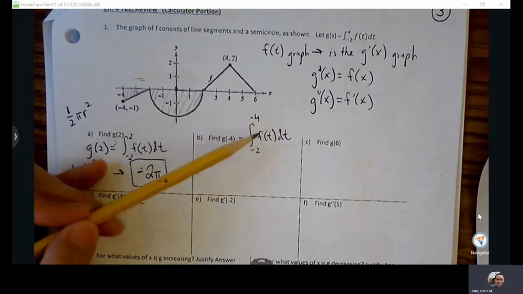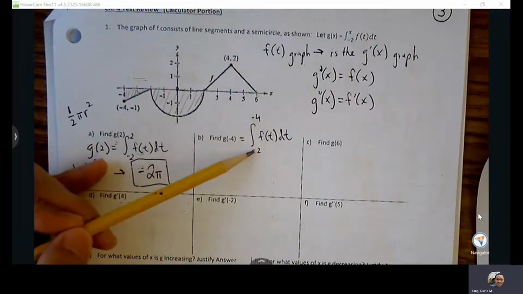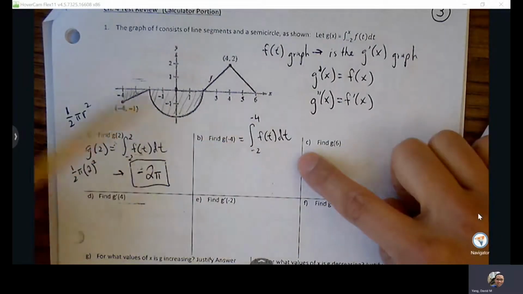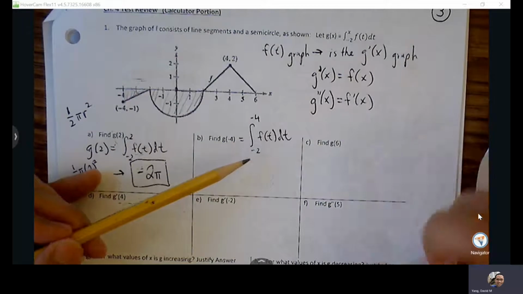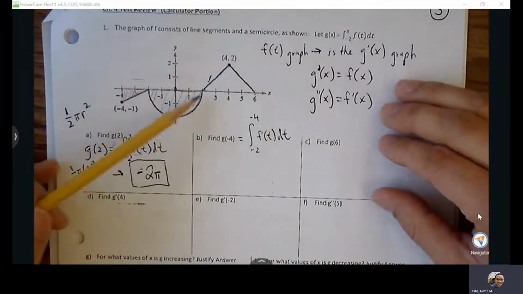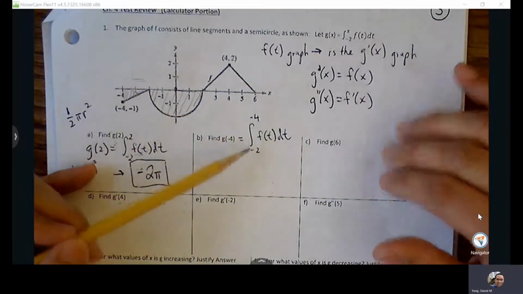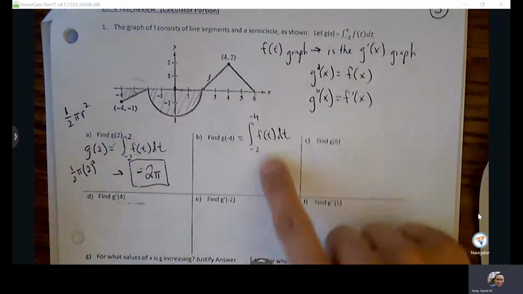You can just plug in the upper bound, lower bound, and we don't really care which one is higher. But if we're trying to read a graph, we prefer to read from smaller to larger, from left to right, basically, right? If you're reading from right to left, you got to change everything upside down in your head, and it just makes it harder. So I like to flip the bounds.